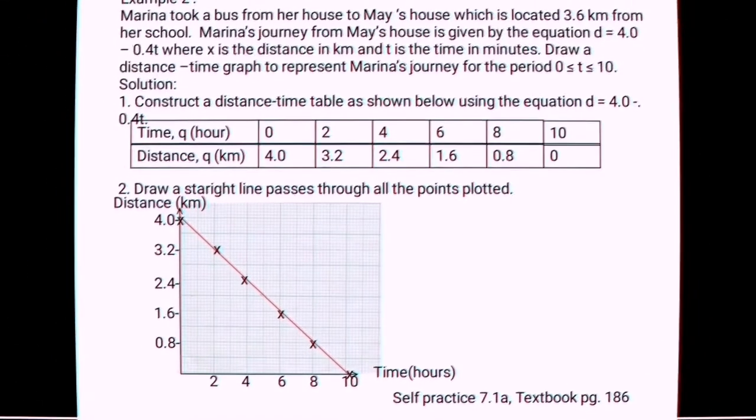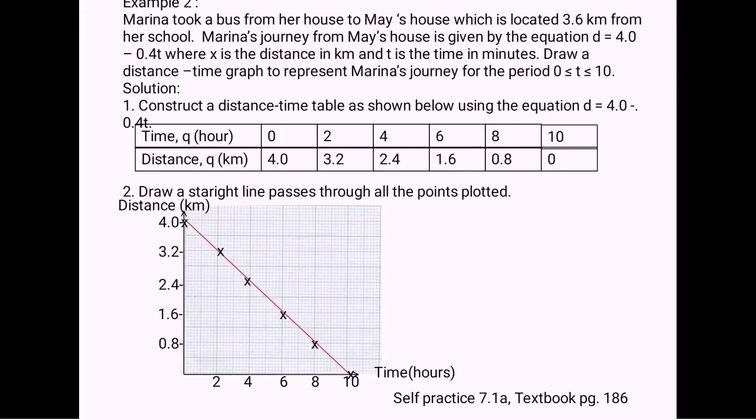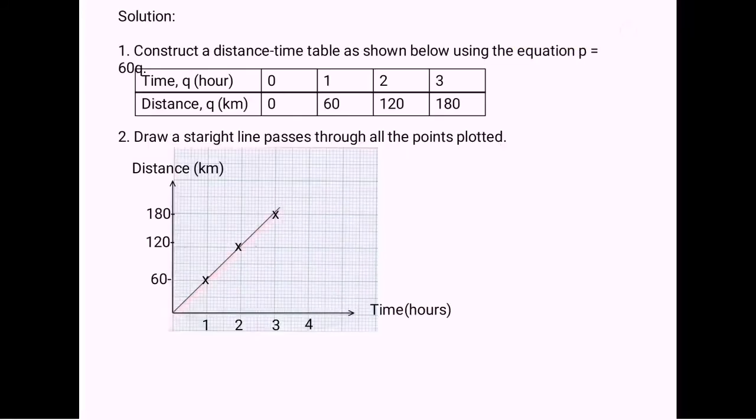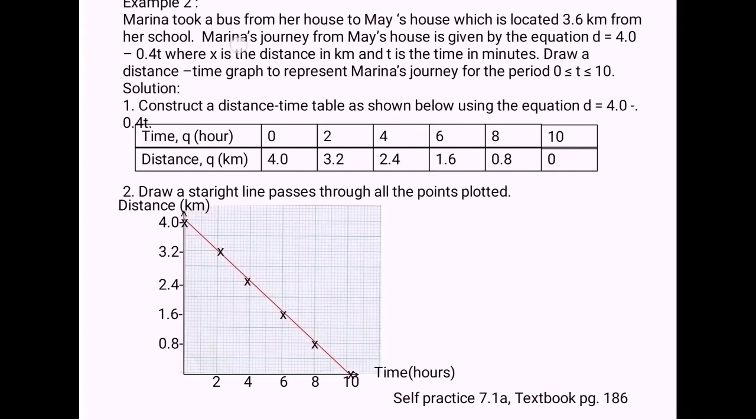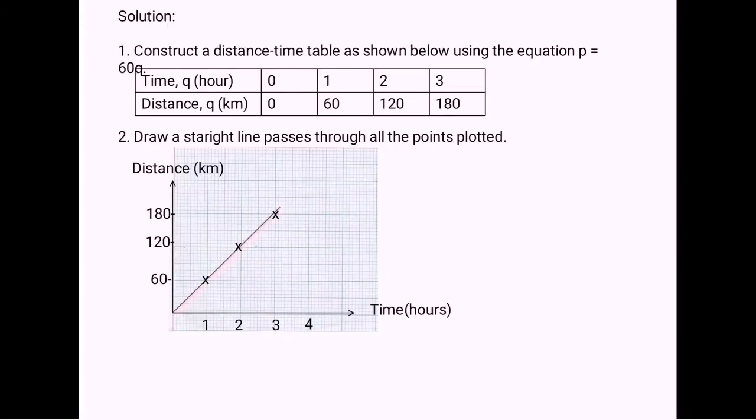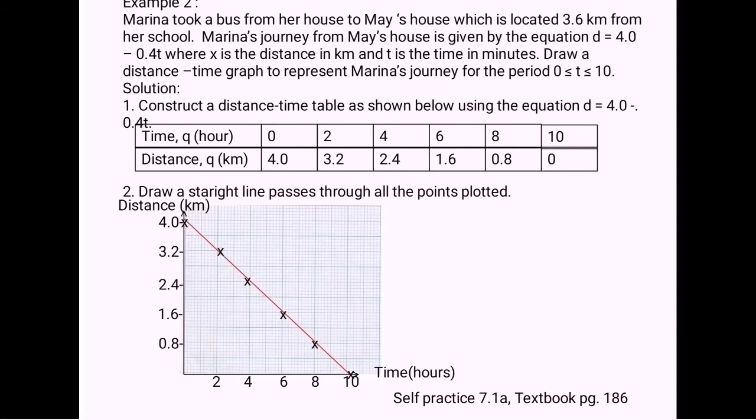Okay. Example 2. Marina took a bus from her house to May's house, which is located 3.6 km from her house. Marina's journey from May's house is given by the equation D equals 4.0 minus 0.4t, where D is the distance in km and t is the time in minutes.